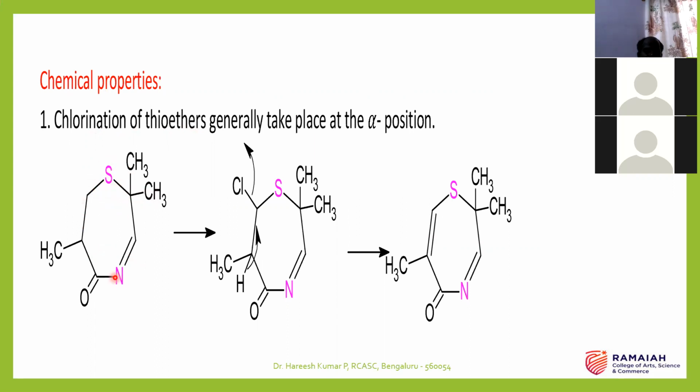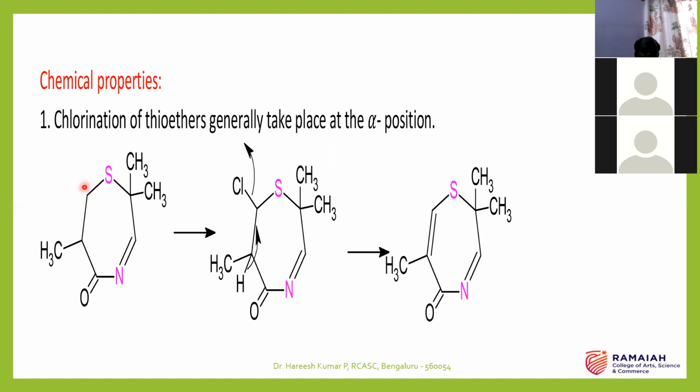Of course, this is actually a 1,4-thiazepine. Here what will happen when this is treated with a chlorinating agent? The chlorinating agent may be thionyl chloride, POCl3 (phosphorus oxychloride), or PCl5 (phosphorus pentachloride).